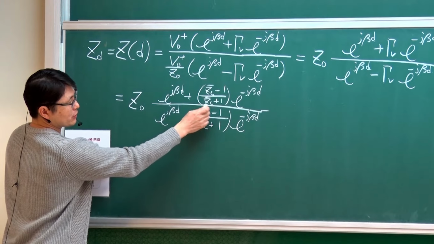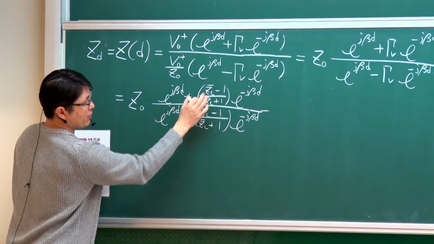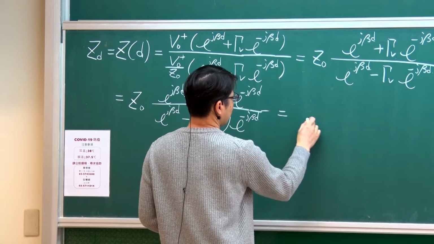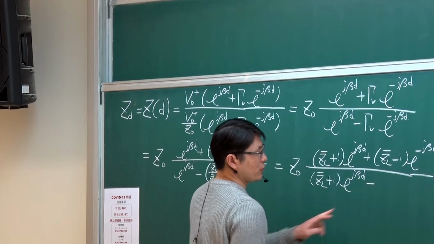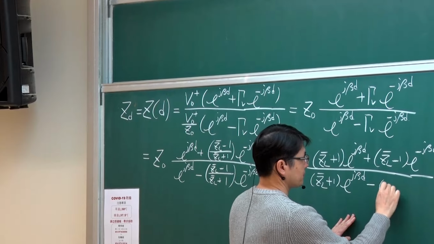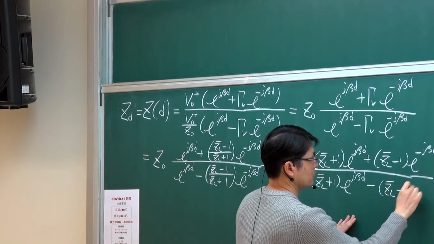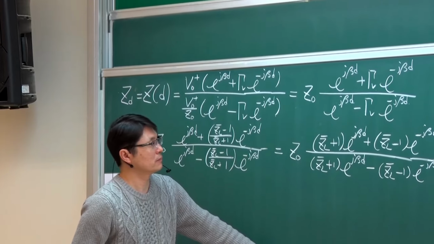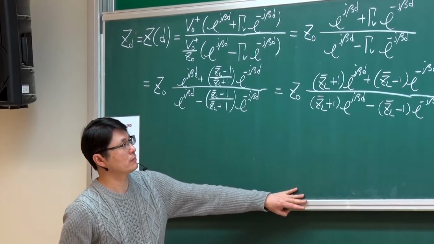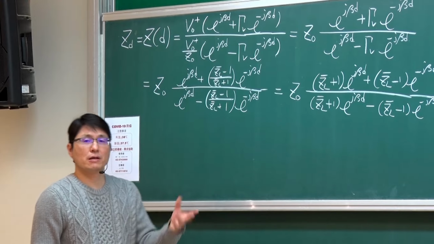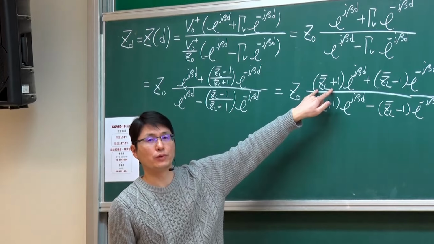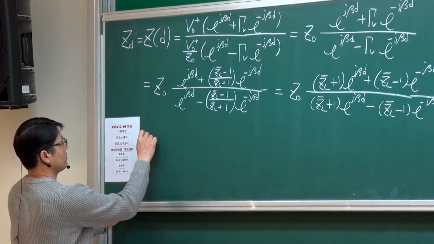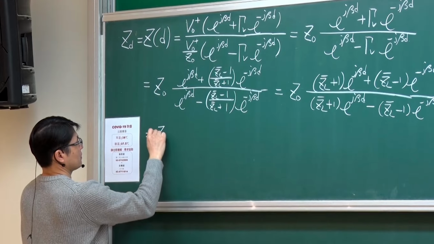So at this time, all I have to do is normalize, right? I can multiply everything by the normalized load impedance plus 1. Remember, here you have a minus. Now let's collect terms: the terms having the normalized load impedance and the ones not having the load impedance.